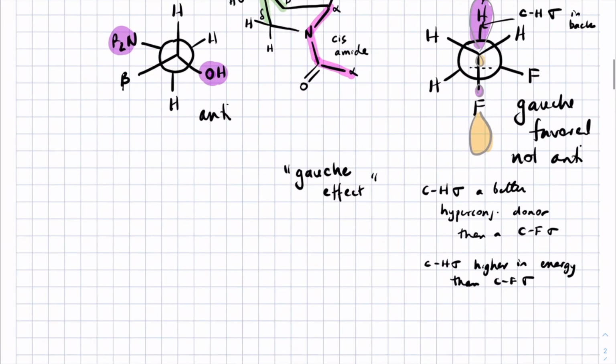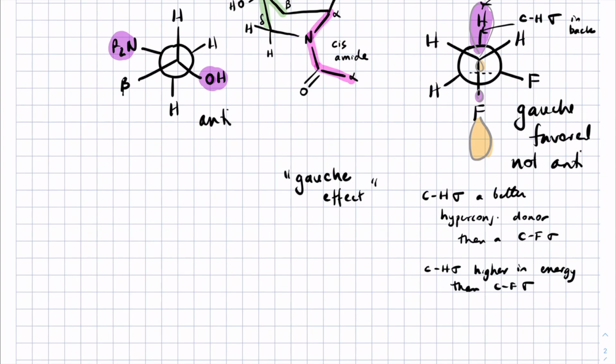So we're going to do a crude orbital mixing diagram where I'm going to show the carbon-fluorine sigma star and over here the carbon-hydrogen sigma in the same molecule. So we're basically doing group orbitals, only we're talking about single bonds, thinking about mixing these two orbitals together.